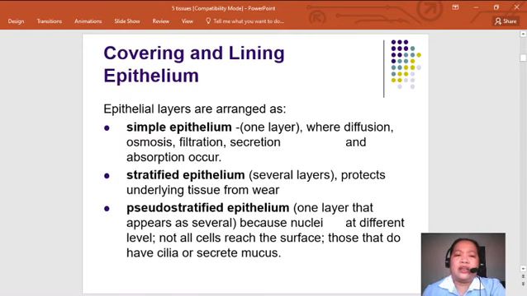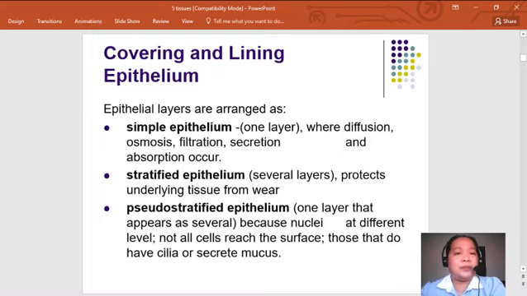So, how is epithelium categorized? Or how do we classify the different types of epithelium? We use different categories, like in terms of layers. In terms of layers, there are three categories: simple, stratified, and pseudostratified epithelium.